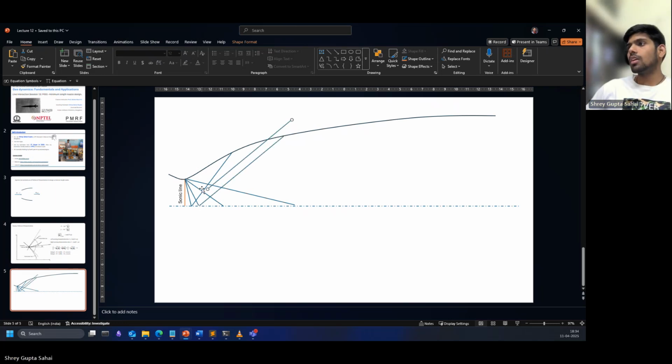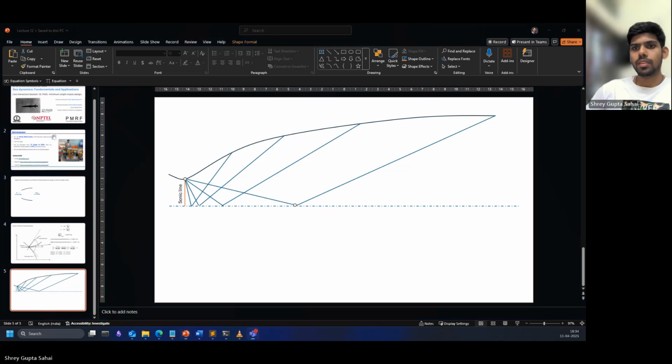Okay. Now, how does the method of characteristics come into this one? That is what we are going to discuss. One more thing, let me just draw this for you. So what we expect from this design of the nozzle is that, first of all, C minus and C plus are something that we are going to discuss.